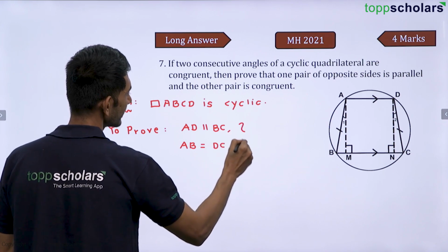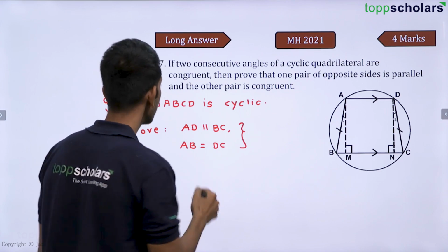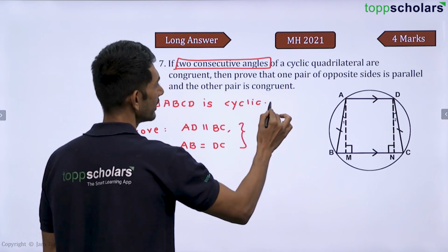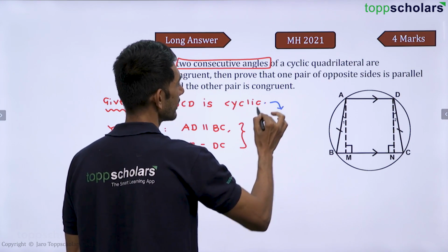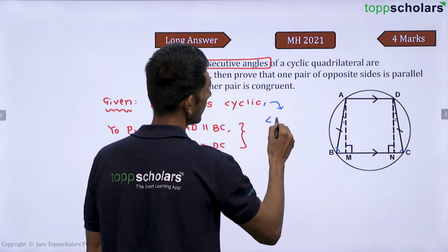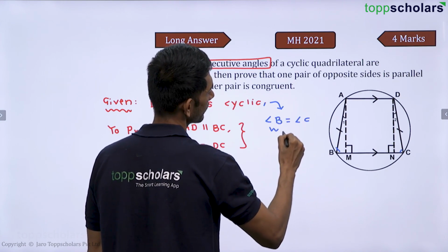So these are the two things that we are supposed to prove. But one important fact is given. What is that? Two consecutive angles are equal. So here, apart from cyclic, it is given that angle B and angle C are equal. Angle B is equal to angle C. This is given.